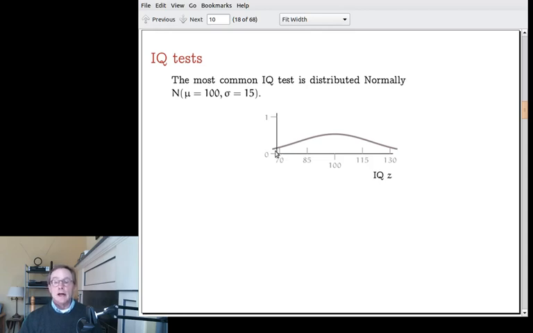If you take the left area below 70 and the right area above 130, in total that makes 5%, because the middle is 95, so the outsides must be 5. Since the outsides in total are 5%, the upper must be 2.5 and the lower must be 2.5. So if you have an IQ above 130, you're seeing something like 2.5% of the population.